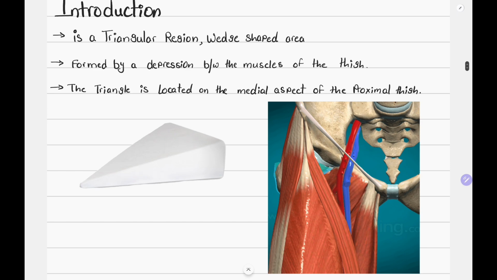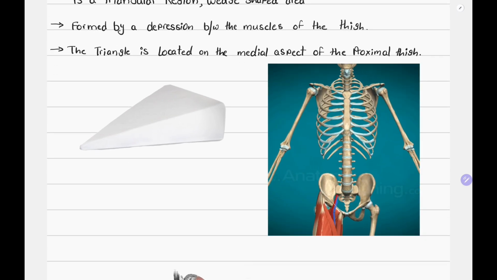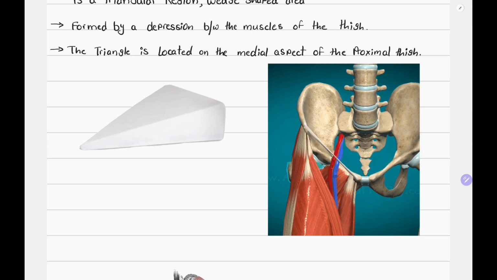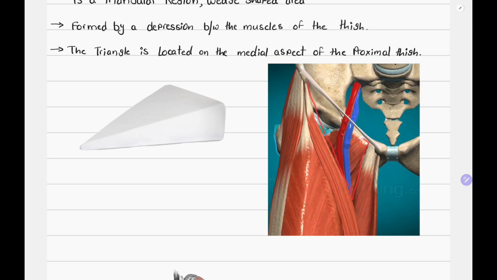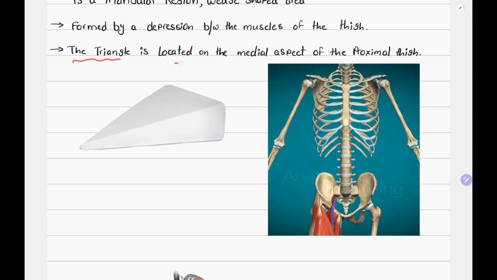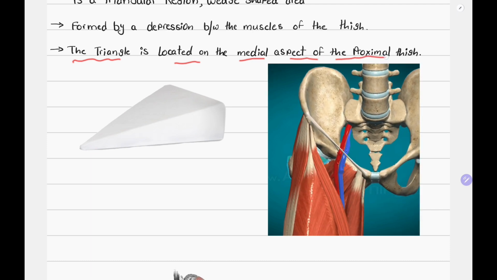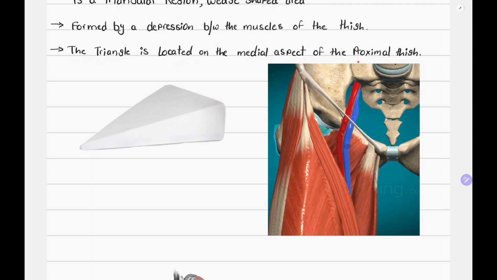For your orientation, this is an animation. These are the muscles of the thigh, and this is the triangular depression formed in between them. The triangle is located on the medial aspect of the proximal thigh, in the proximal and medial region of the thigh.